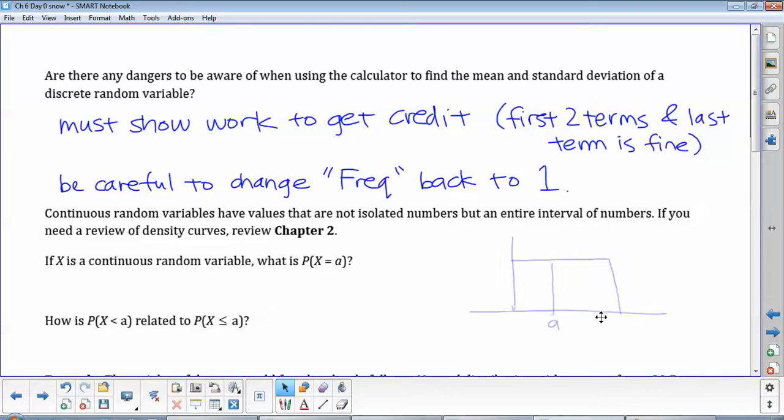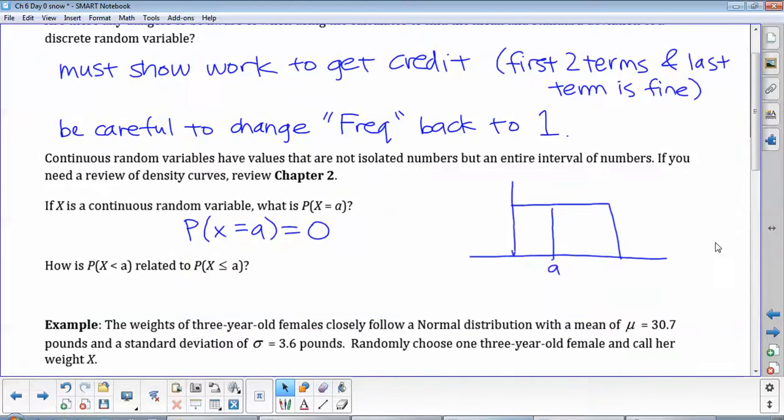Well, let's think about what that means. If I have a continuous random variable and I'm interpreting area to be probability, the probability of having the exact value a is going to be 0 because a line has 0 area. So the probability that x is exactly equal to any particular value is going to be 0.